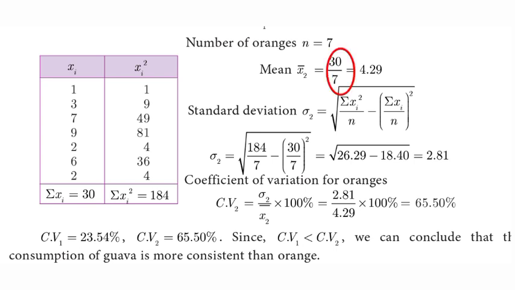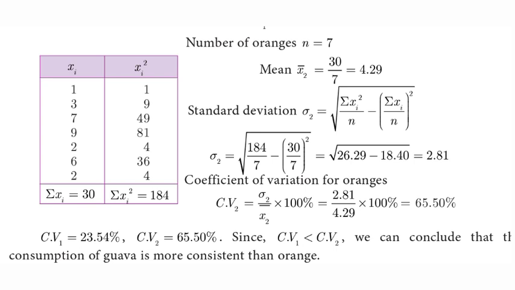Therefore summation x equals 30. How many numbers? n equals 7. x2 bar equals summation x2 divided by n. Therefore 30 divided by 7 equals 4.29. That is the mean number of oranges.